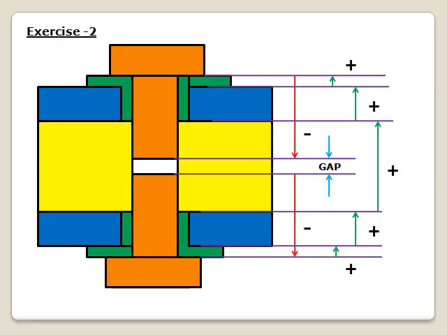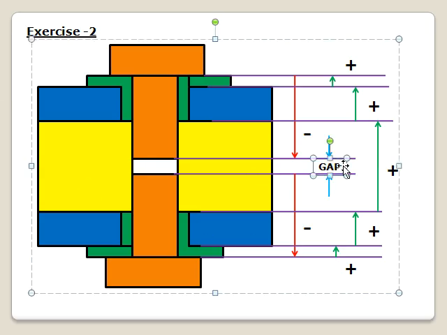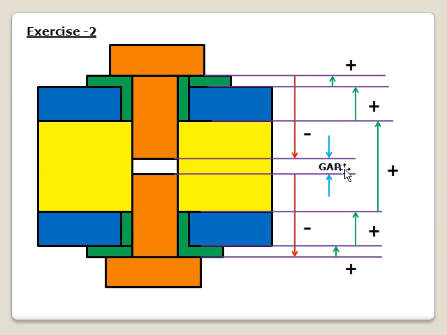Here is one more example. If we are going upward, it will be plus. If we are coming from top to bottom, it will be minus. The problem statement is clear: we are trying to find this gap.